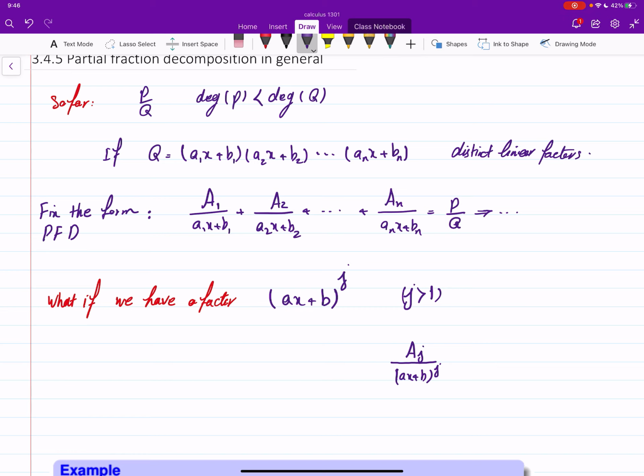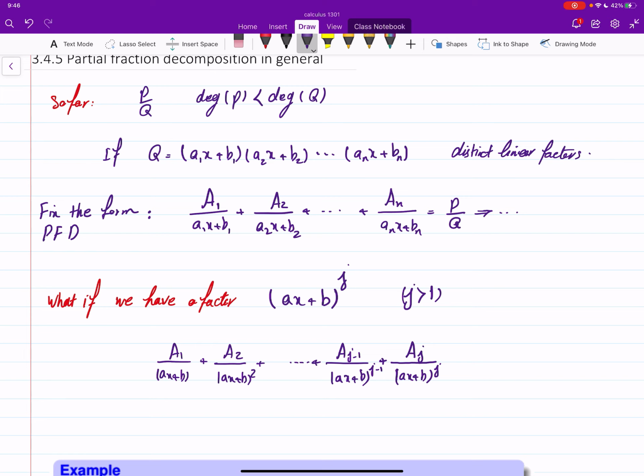Put it there, and we will do the same work as before. Then make one less power and consider that partial fraction as well. Make one less and keep going up to the point that, like ax plus b to the power 2, and then a1 over ax plus b just itself.